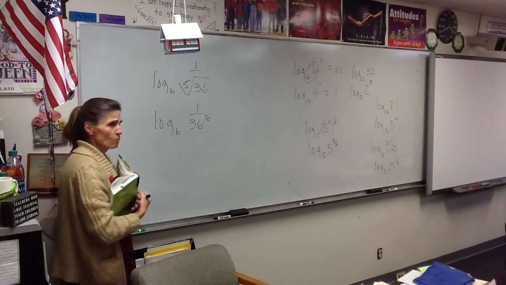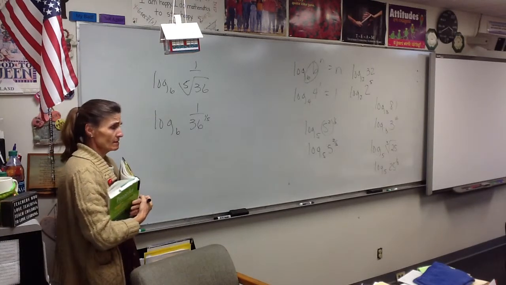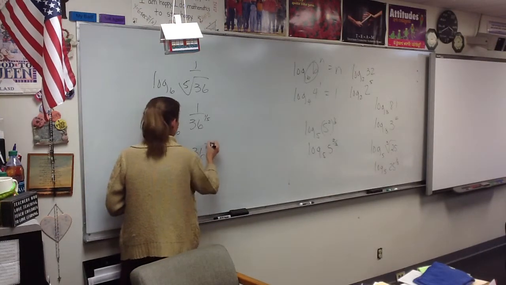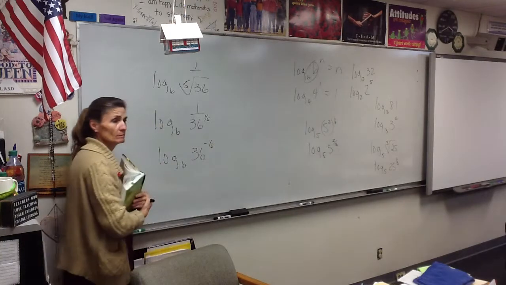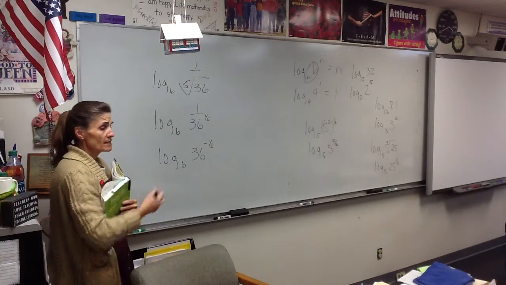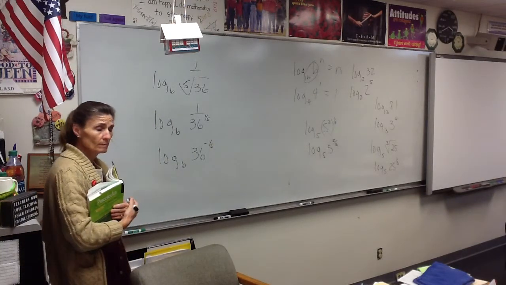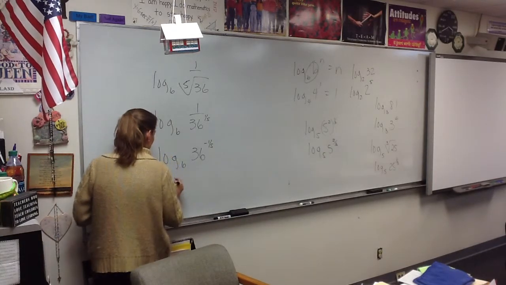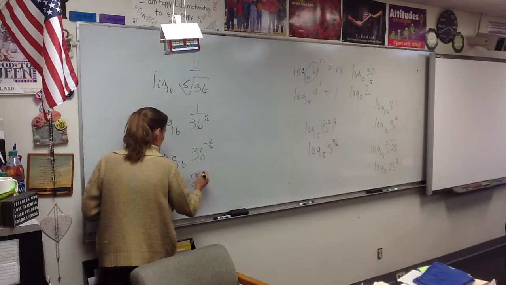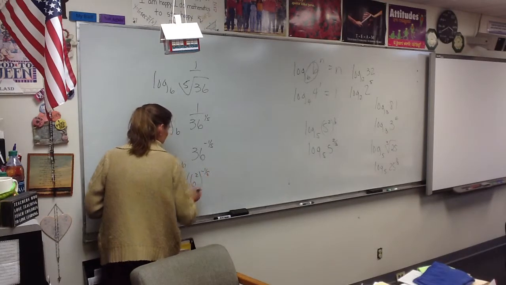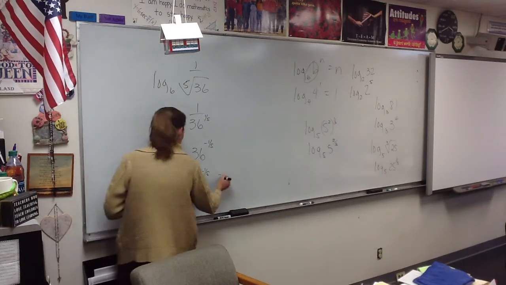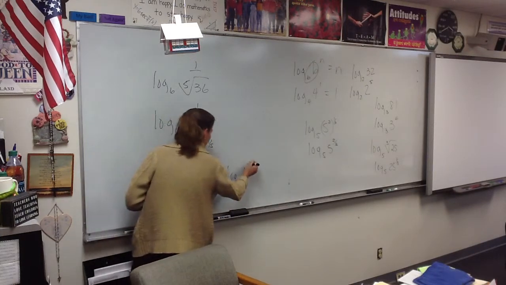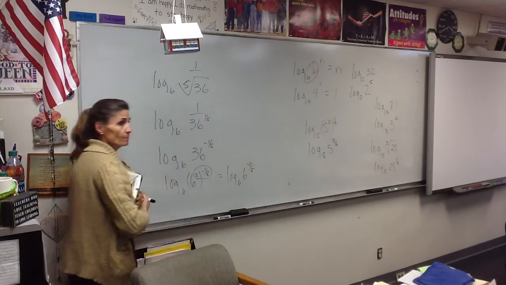But it's 1 over. What does that mean? That means it had a negative exponent. That's how it got to be 1 over. We're getting close. What's 36? 6 squared. So we have the log base 6 of 6 to the negative 2/5.